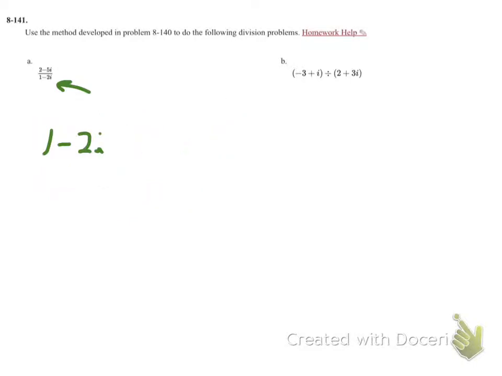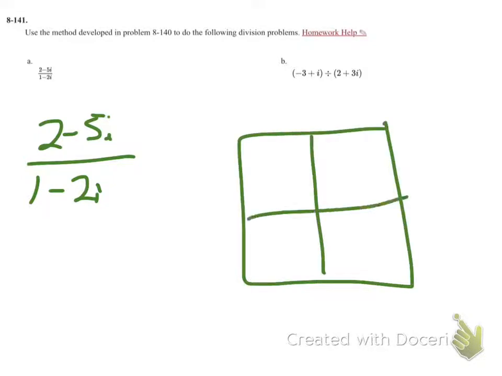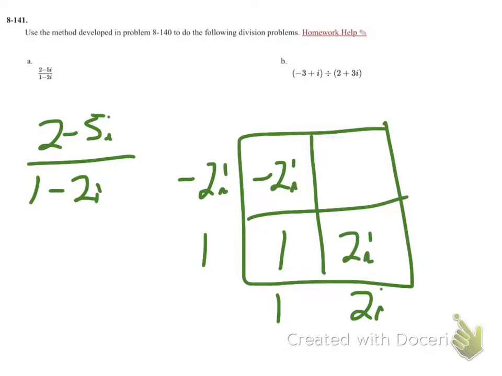So when I look at this problem, I have 2 minus 5i in the numerator, and I have 1 minus 2i in the denominator. So when I take 1 minus 2i times its conjugate and make a generic rectangle, 1 minus 2i and 1 plus 2i, I get a 1 for this one, a negative 2i here, a positive 2i here, and then this box here is negative 2 times 2, which is negative 4.